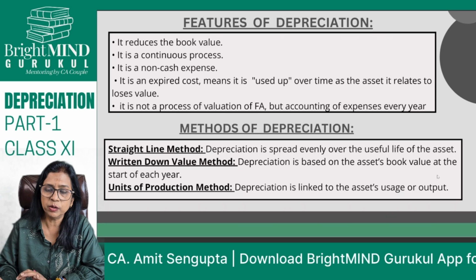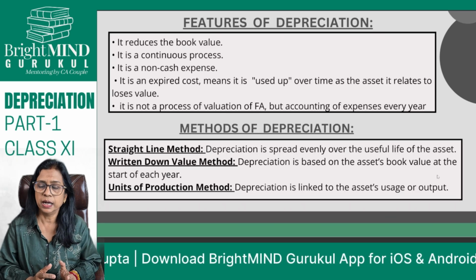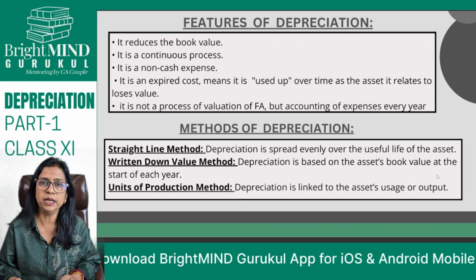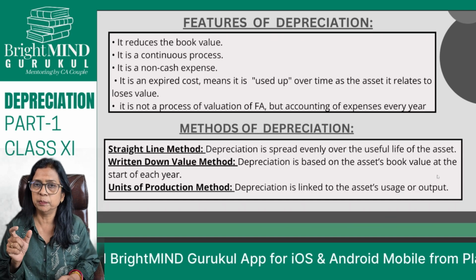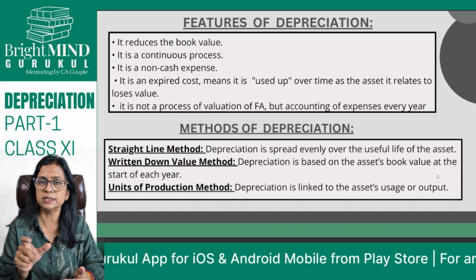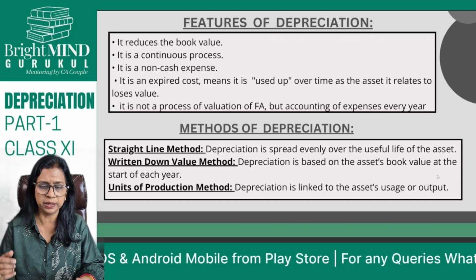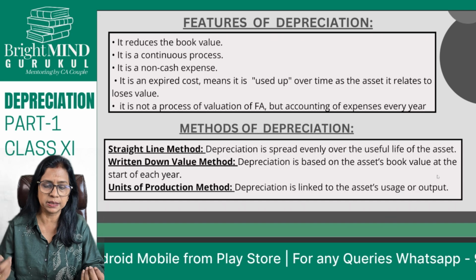Written down value method is based on the asset's book value at the start of the year. So every year depreciation will be calculated at a rate on the written down value, that is the value at the end of that year. I'll explain to you later on when we do the practical sums.